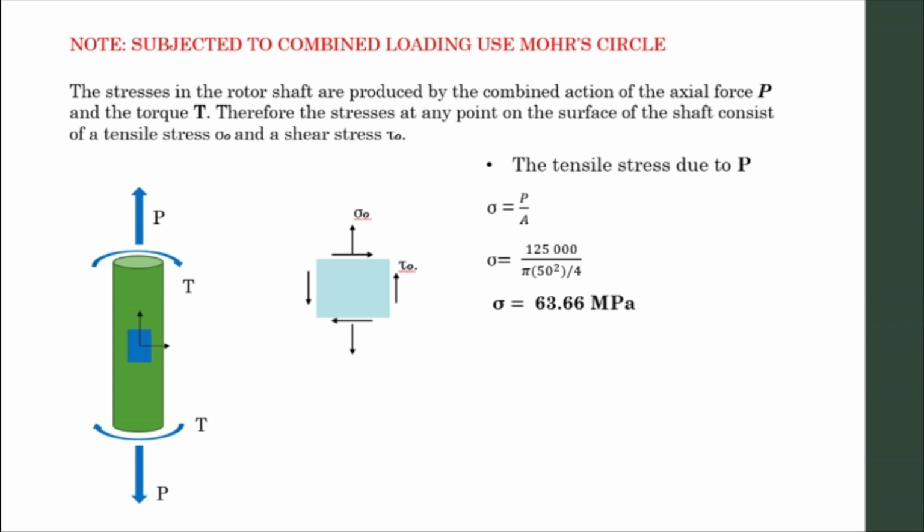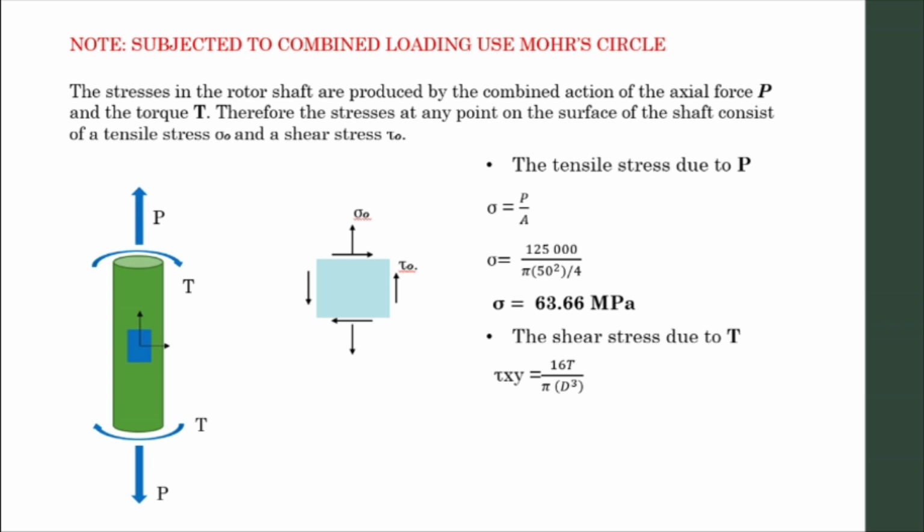Next, kunin naman natin yung shear stress. So, the shear stress due to T, ano ba ang formula ng shear stress? Sana alam niyo na ngayon, di ba? It is Tρ over J, or TR over J. Maximum shear stress yon. Pero merong shortcut for circular na 16T over pi d cube, so yun na lang gamitin natin para mas mabilis.